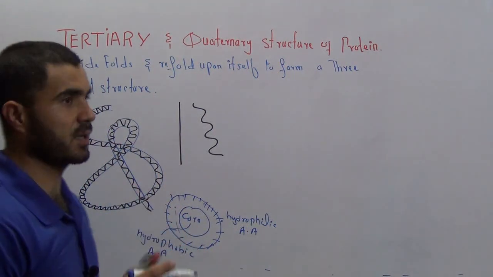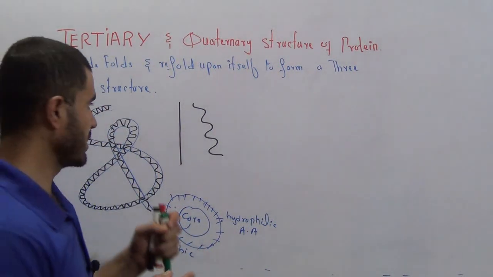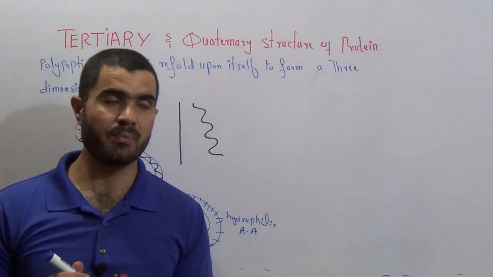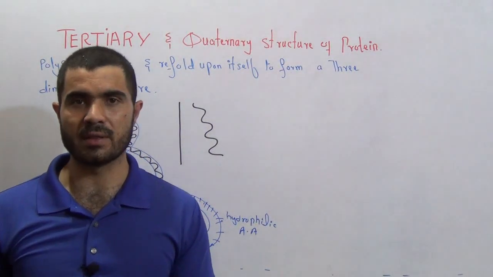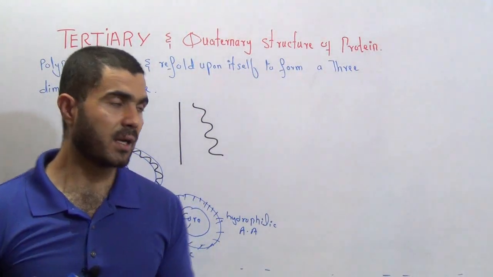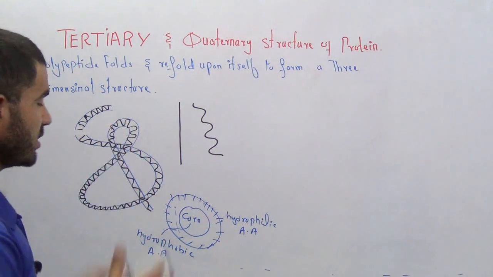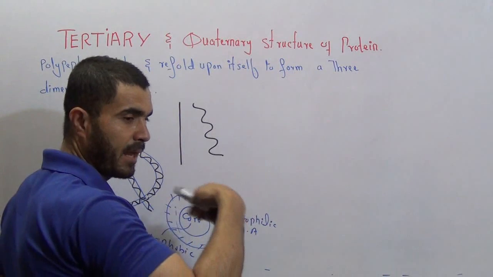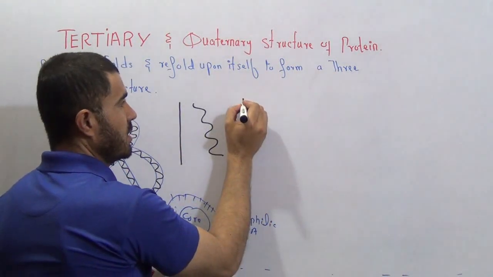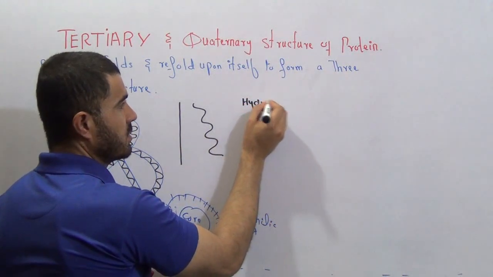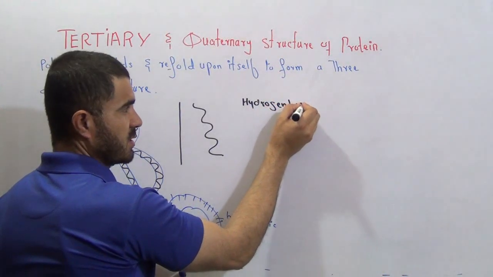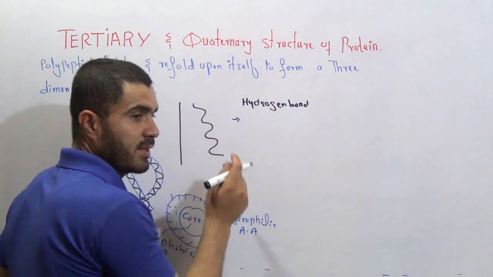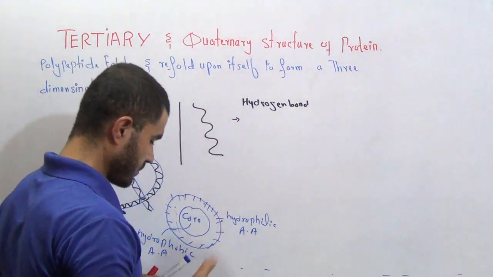Then the question comes, what are the bonds that are present in the tertiary structure? Just like we discussed the bonds in the secondary structure, where besides the peptide bond there was hydrogen bonding, in the tertiary structure hydrogen bonding is also present, as it was discussed in the secondary structure. What are the new bonds that were not seen in the secondary structure?